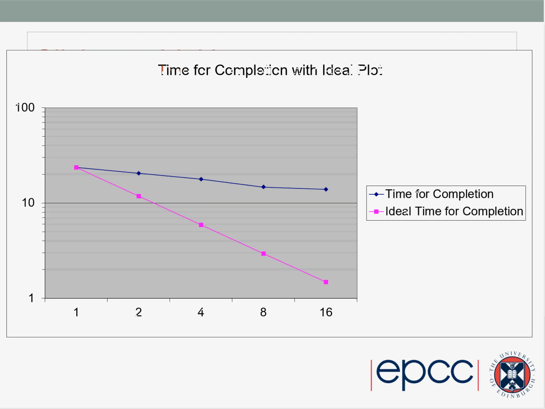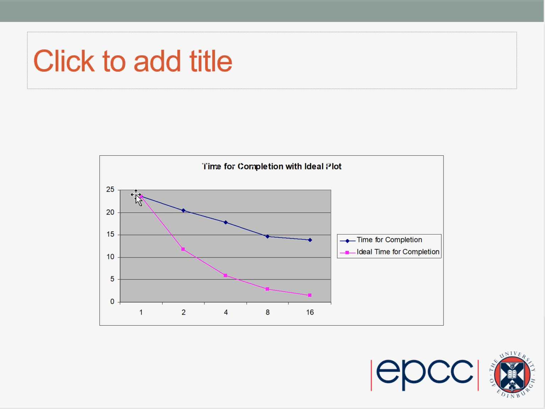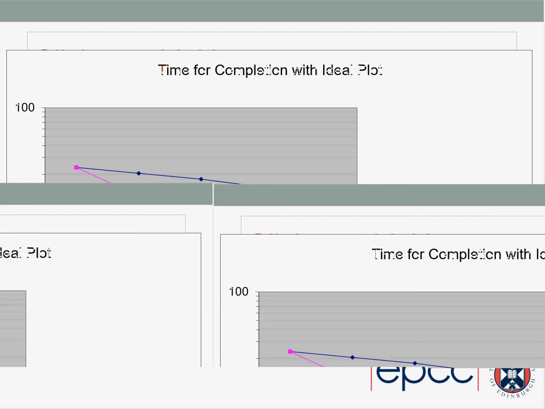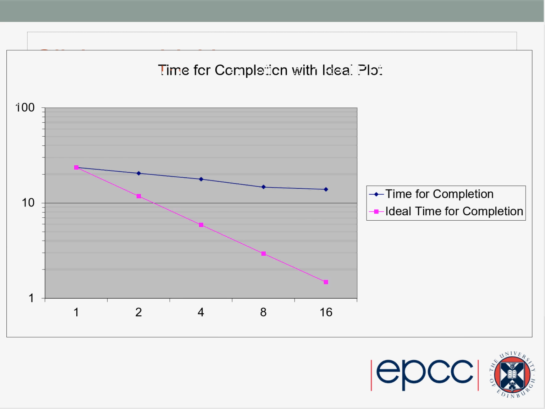So we can see that just plotting the ideal speed up on a linear graph like this doesn't necessarily have a straightforward relationship between the x and y axis, but we could, and you quite often see this for a lot of scientific graphs, plot it using a log linear plot or a log plot here.